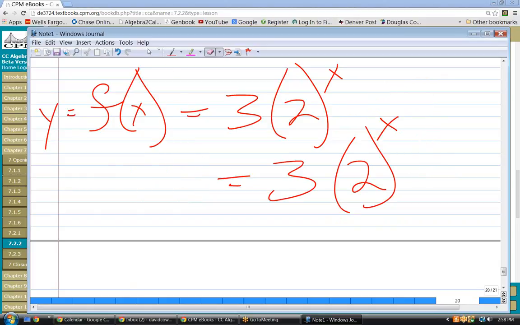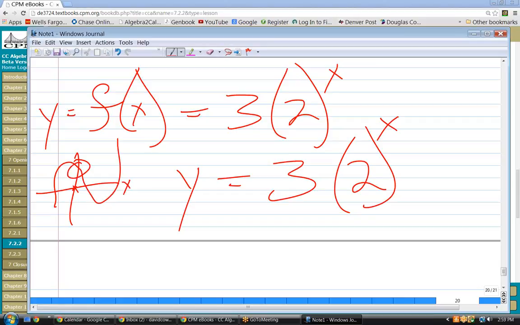Okay? What is the y-intercept? Again, a very important concept in math. The x-intercept is where y is equal to 0. What is the y-intercept? Where x is equal to 0. You get that? In other words, if I have a curve, the y-intercept is where my x value is 0.